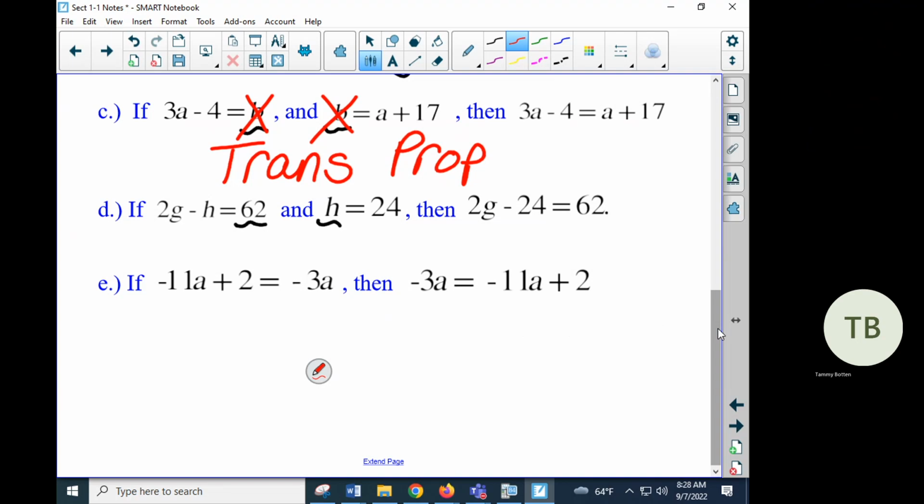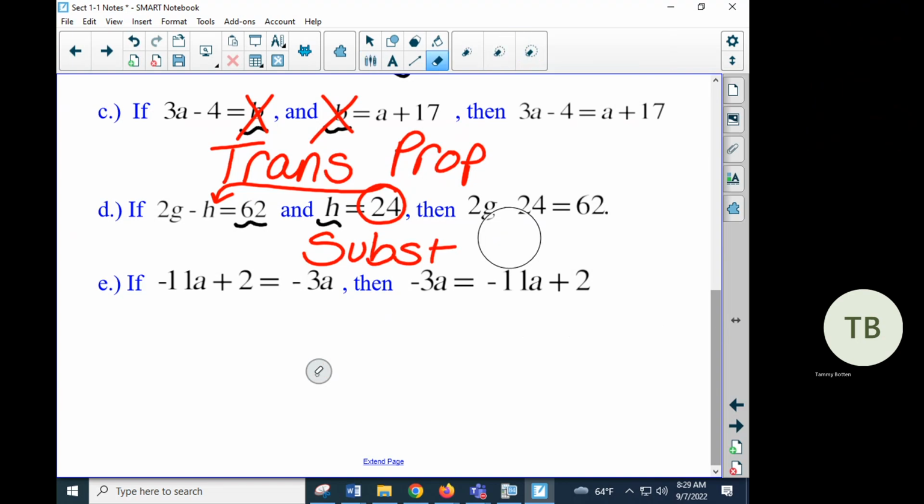So what you would do here is you would take this 24 and put it in for H. So it's like you pick this H out and put 24 in there. And that's what they did. So that is called substitution prop. Or you don't have to put prop. You can ignore that, actually. If you just go SUBST, that's good.